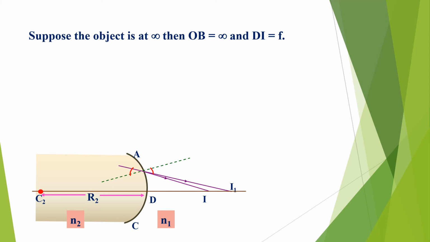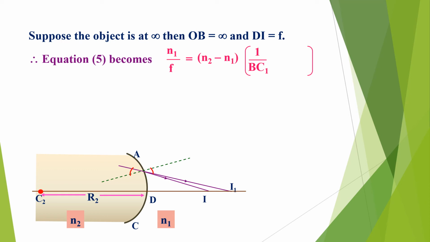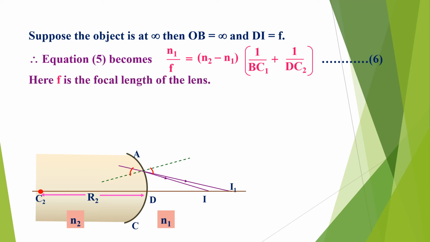Suppose the object is at infinity, then the OB value becomes infinite and the DI value becomes the focal length. So equation 5 becomes n1 by F is equal to n2 minus n1 multiplied by 1 by BC1 plus 1 by DC2. This is equation 6.